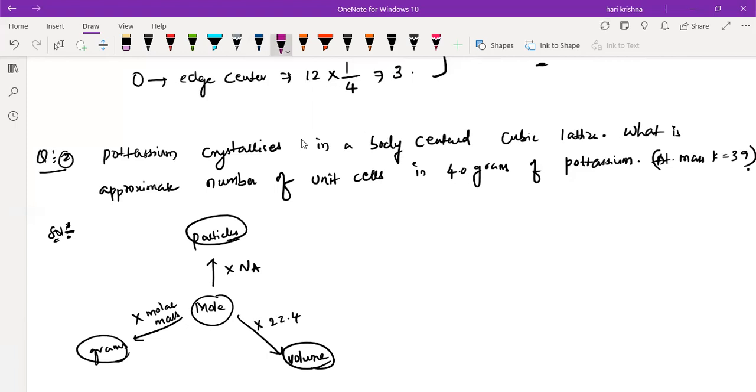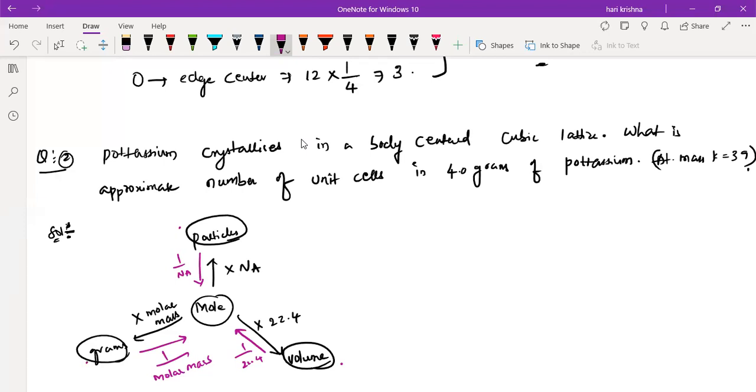Or if you want grams to moles, divide by molar mass. Particles to moles, 1 by Na, and volume to moles, 1 by 22.4.